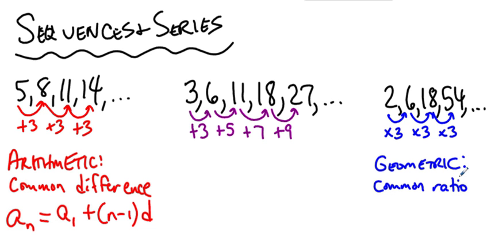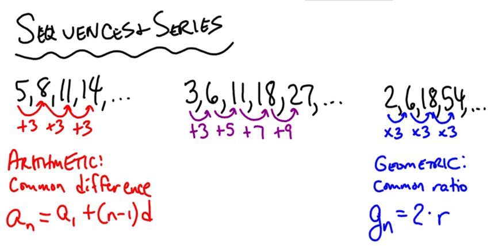So again, let's think to ourselves, looking for the nth term in a geometric sequence. If I wanted to know the 100th term in that sequence, I would start with 2, and then I would multiply by 3, by 3, by 3, by 3, 99 times. I would multiply by the common ratio.